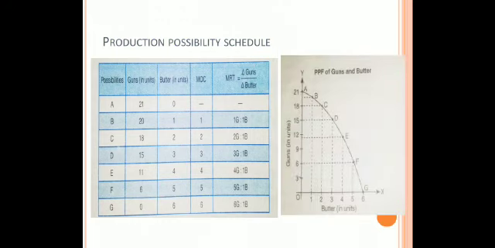Here is the graph on the basis of which this schedule is shown. Now students, let us discuss it with some more points. In this table, we see the several points of PPC. Point E is an attainable point, but at this point resources are underutilized.